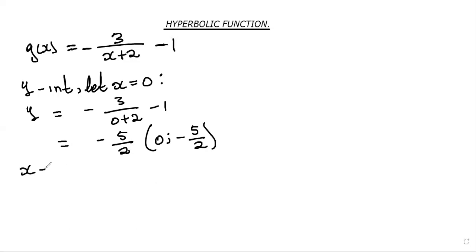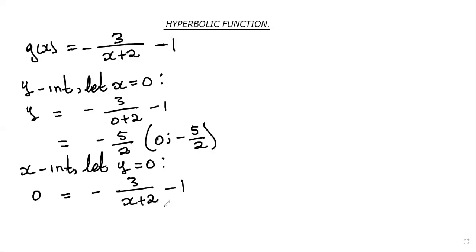Then next we find the x-intercept. If we need to find the x-intercept, we must let y be 0. That's fine. So every time you see g of x, you see y, and where you see y, you put 0. Then from this point, we want to solve for x.